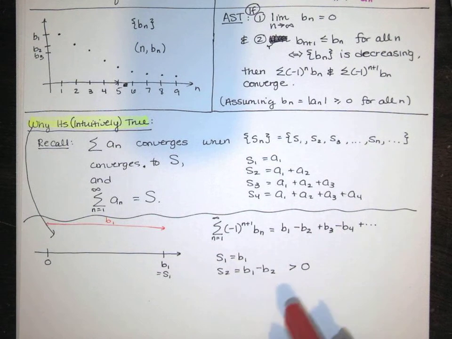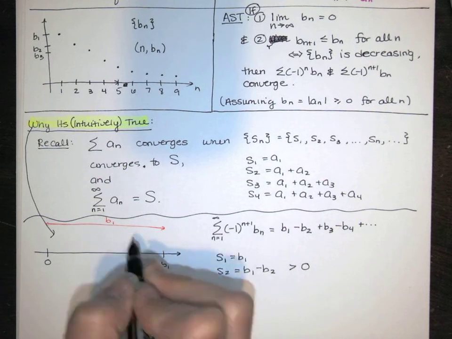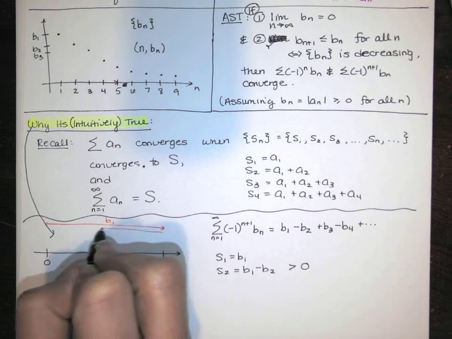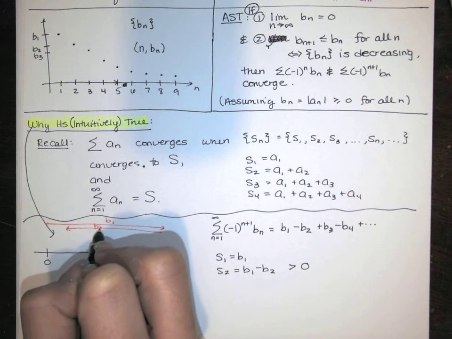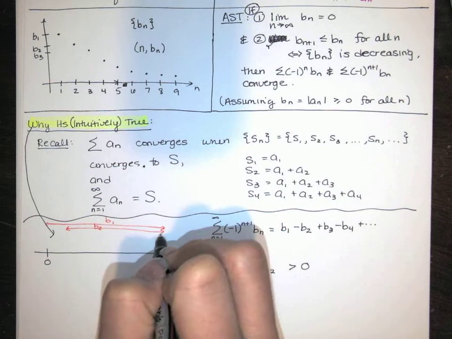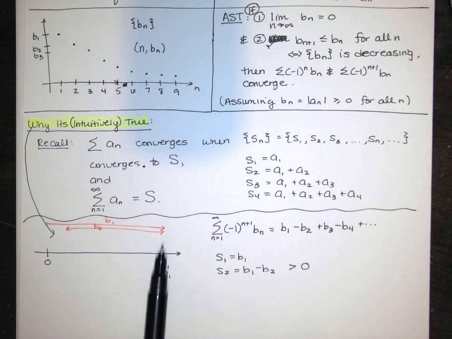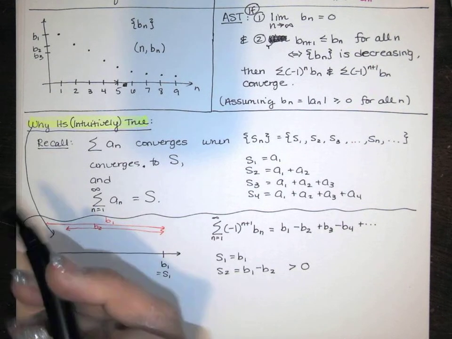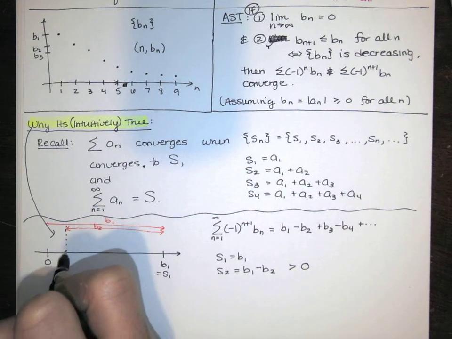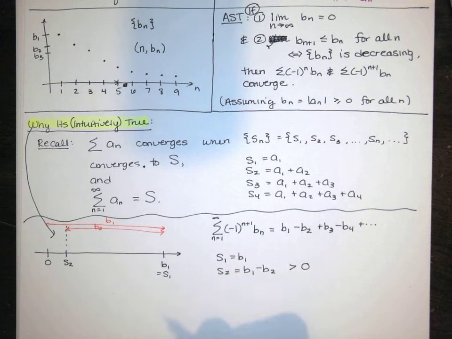So I'm basically going to go back this way, b sub 2 units. As I graph on the number line, I'm going from 0 to b sub 1, and then b sub 1 minus b sub 2 lands me right here. So that's S sub 2.